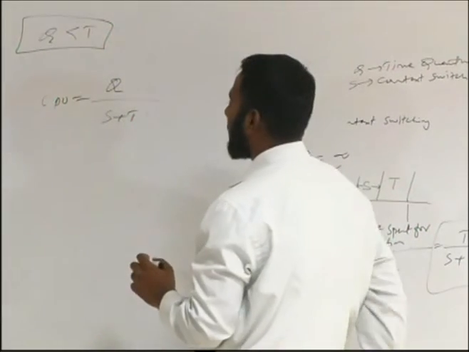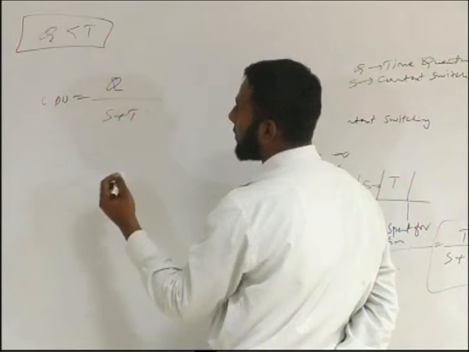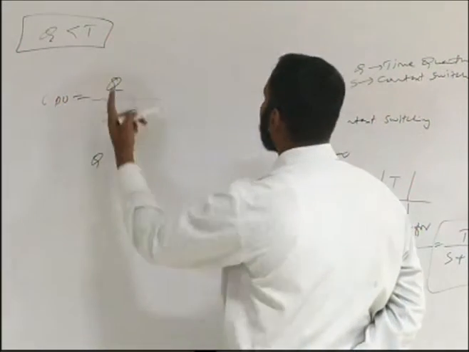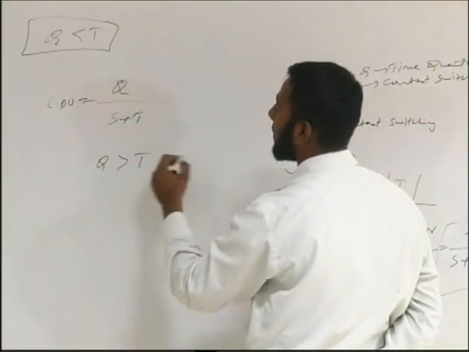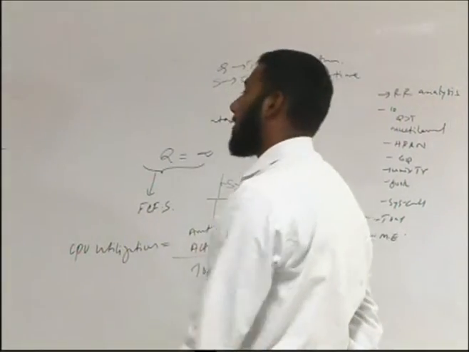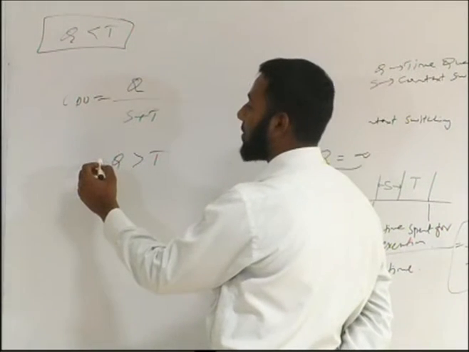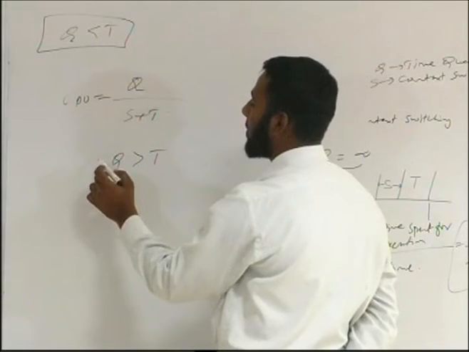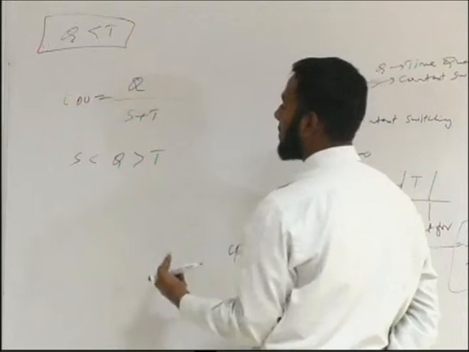Now, we have seen what happens if the value of q is infinity. What happens if the value of q is greater than t? Then of course it will run for q amount of time. Here we take care that this time quantum should be greater than the context switch time.